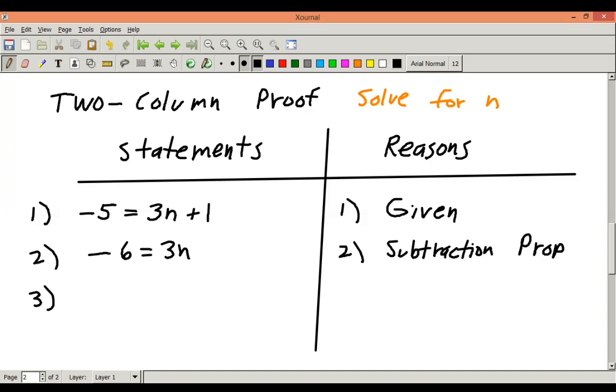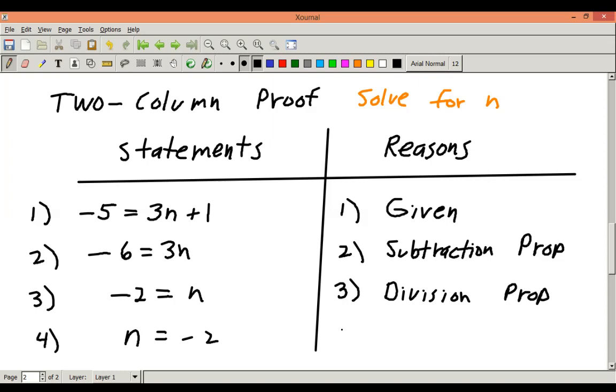Okay, so if you're solving this equation for n, you're going to divide by 3. So divide both sides by 3, so you use the division property. And then maybe you want to reverse sides and just write that as n equals -2. That's just kind of an optional step there. That's the symmetric property of equality.